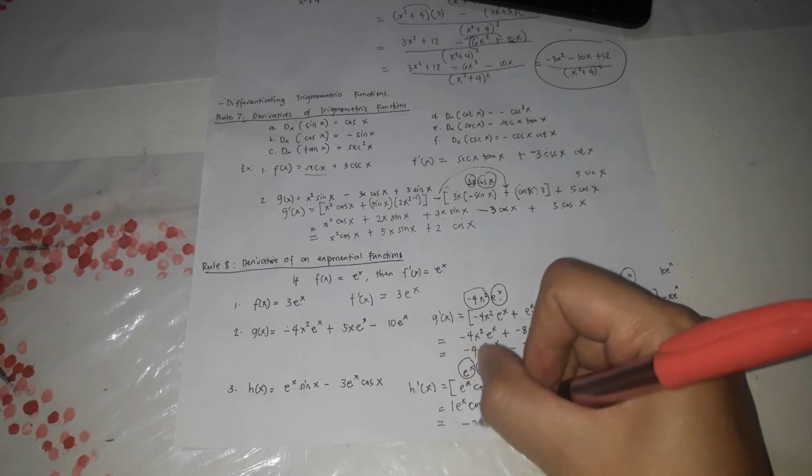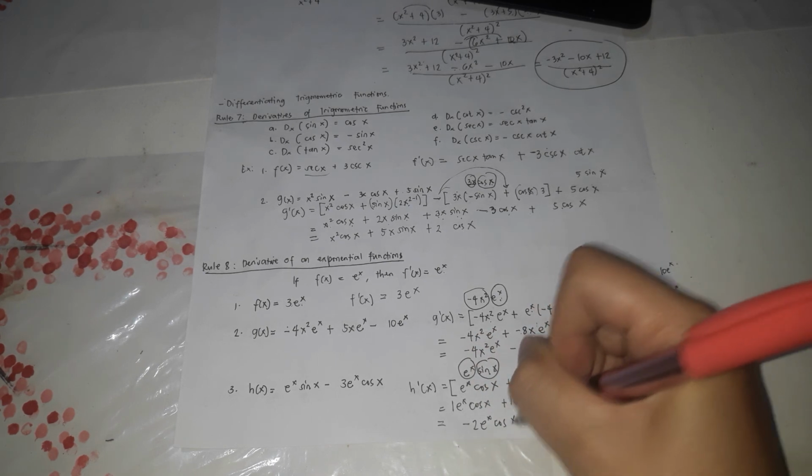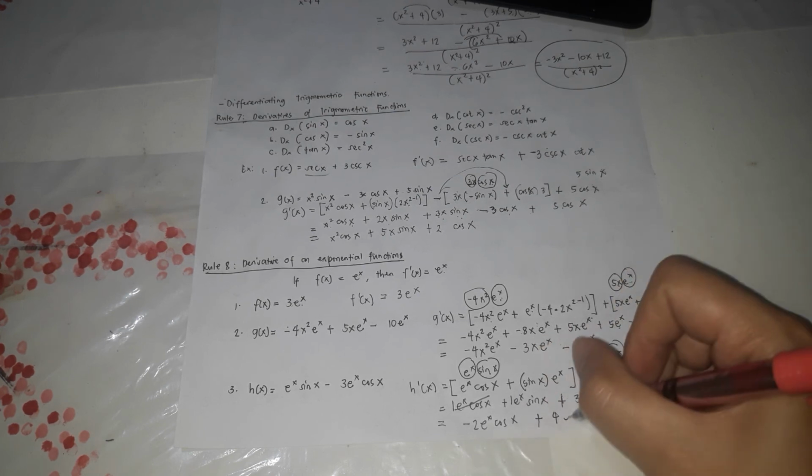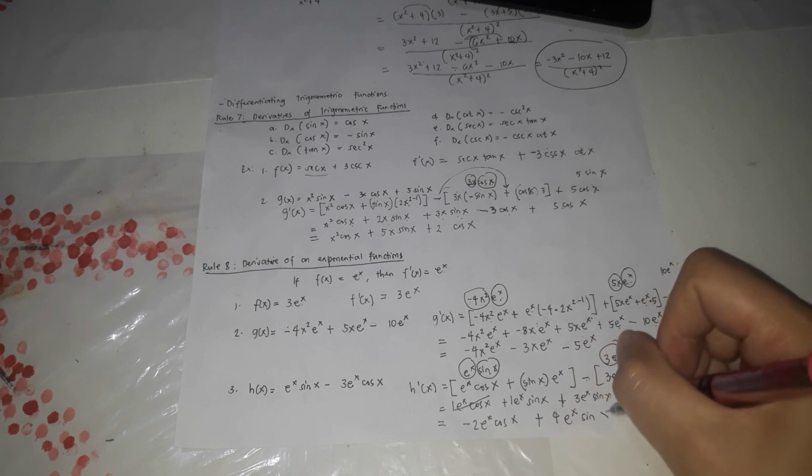So 1 minus 3, it's negative 2. So negative 2e^x cosine x. Ito magkatulad sila. 1 plus 3, 4. So plus 4e^x sin x. So those are the rules, the differentiation rules that we need to familiarize.